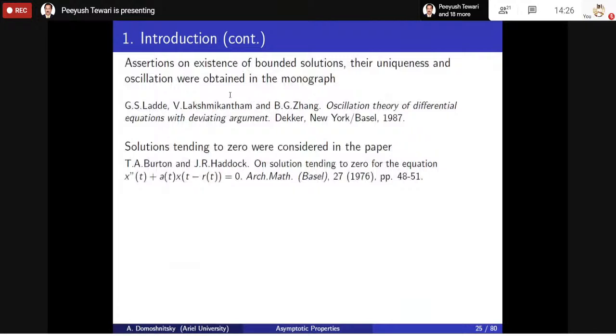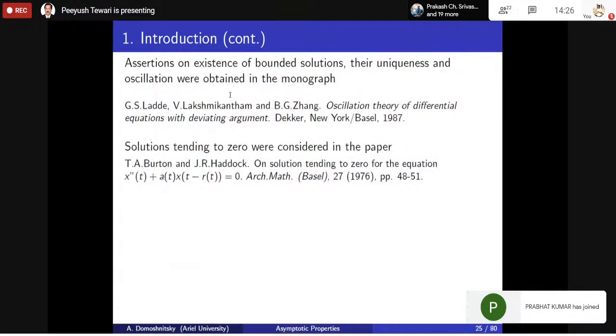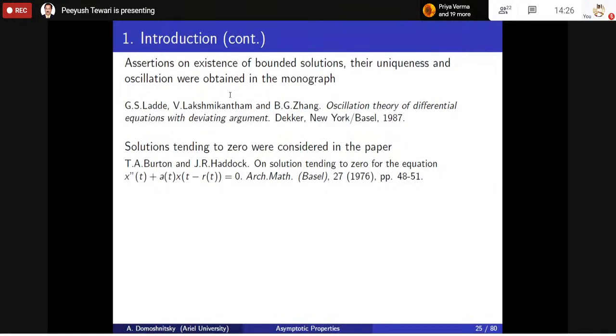In the United States, China, and India, we have many other results with very similar conclusions, where there exists a solution tending to 0, which is the analog of the result that one of the roots of the characteristic equation is real and negative.